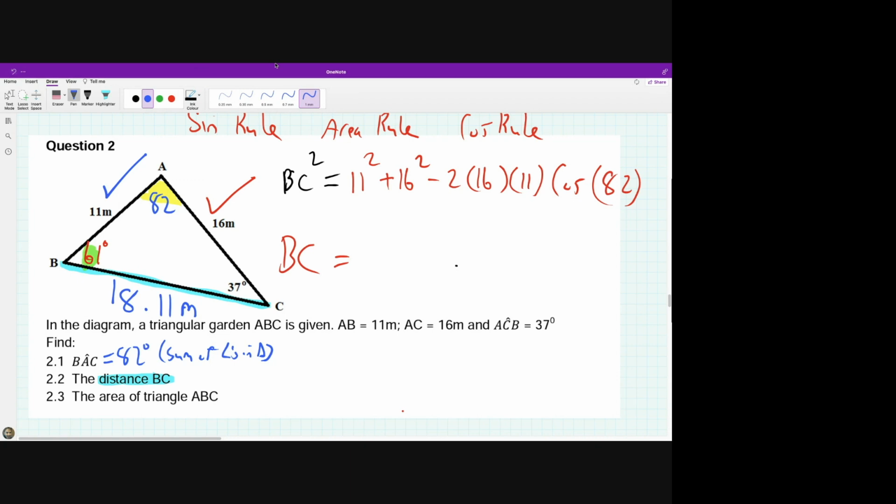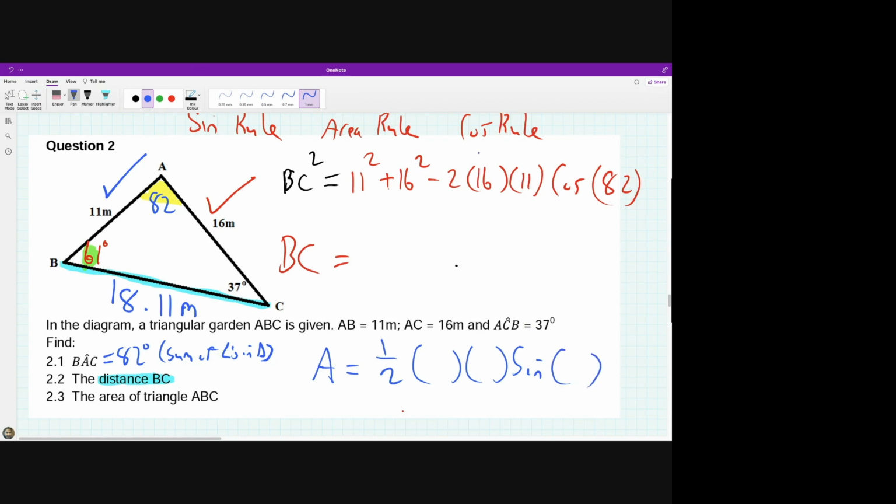Second last question of the day. If I want to find the area of triangle ABC, what rule should I use? I clearly should use the area rule. And what the area rule states is you can go a half, one side times another side, times the sine of the angle between those two sides.